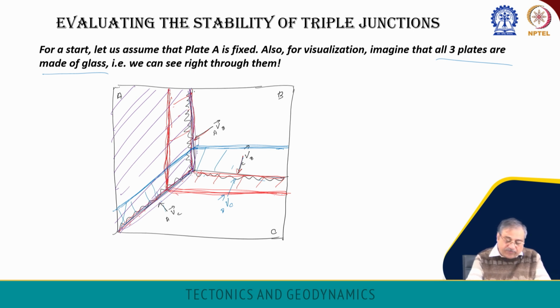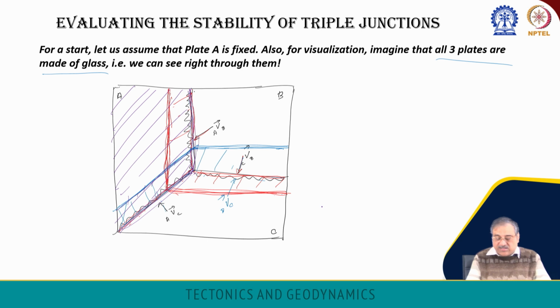So the position of the convergent boundary is here. What I will actually see is that the leading edge of the particles are all here. So this is the position of the trench. Now this is fixed. So in other words, this part of the boundary between A and C, which lies below plate A, is not visible to me. So I will not be able to see this. I will still see this as the frontal edge.